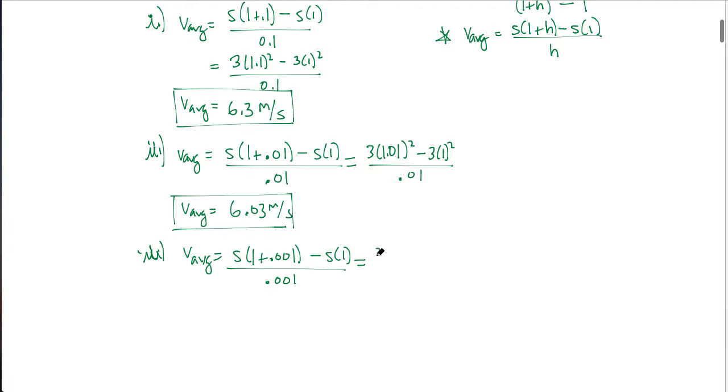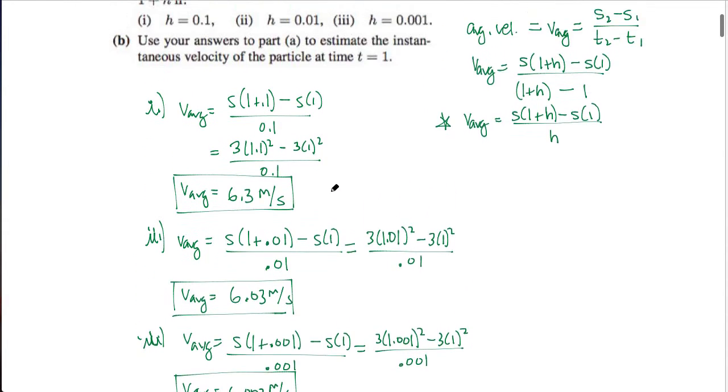So that would be 3 times 1.001 squared minus 3 times 1 squared all over 0.001. So the average velocity here is going to be 6.003 meters per second. So there are my 3 average velocities with an increasingly small h.